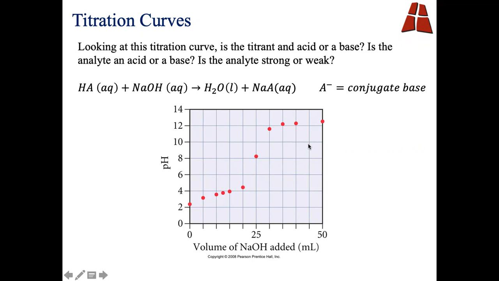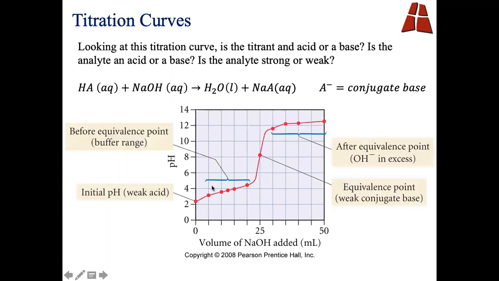And so if we think about how we would calculate pH values for this, we know our initial pH could be found by just taking our concentration of HA, doing an ICE chart, and finding our concentration of hydronium.